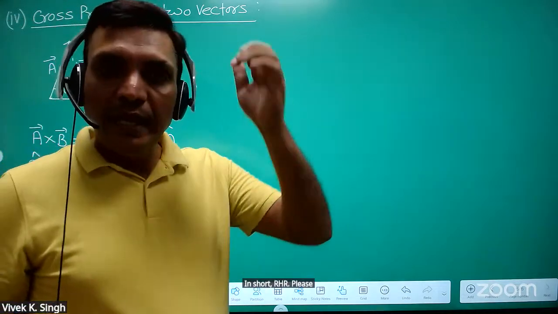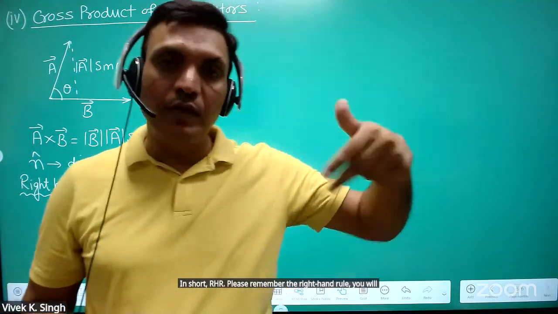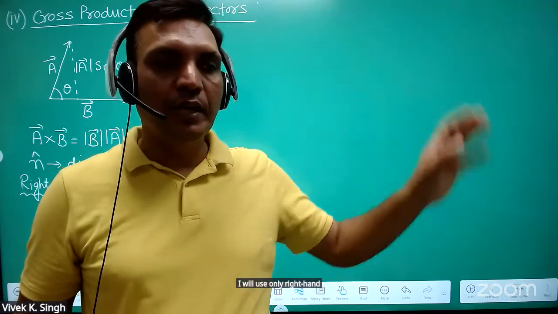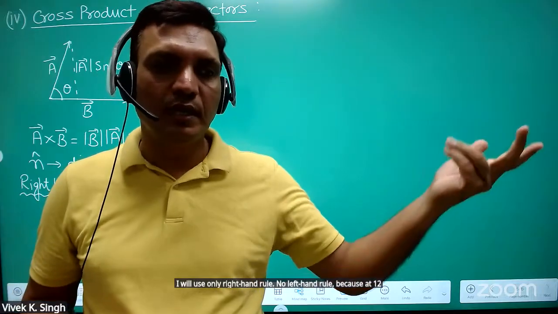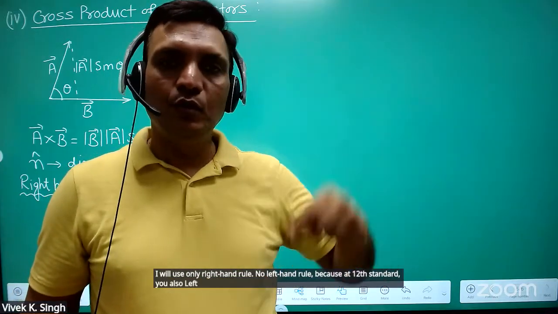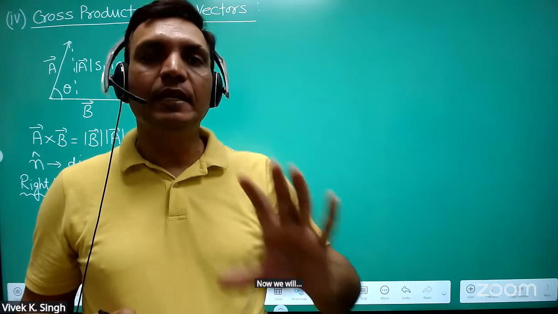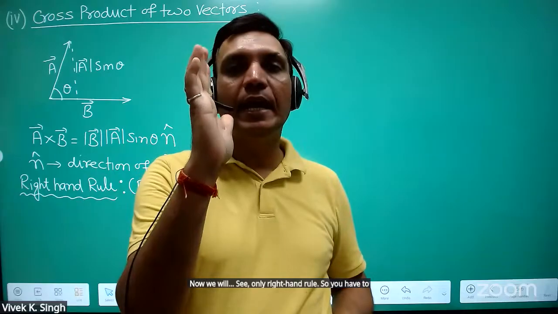Please remember the right hand rule. Throughout electricity and magnetism, I will use only the right hand rule, no left hand rule, because in 12th standard you also study the left hand rule, but now we will see only the right hand rule.